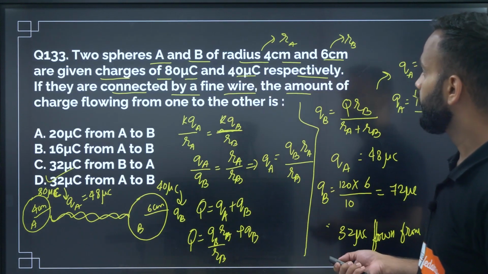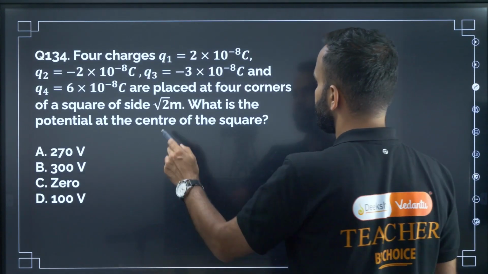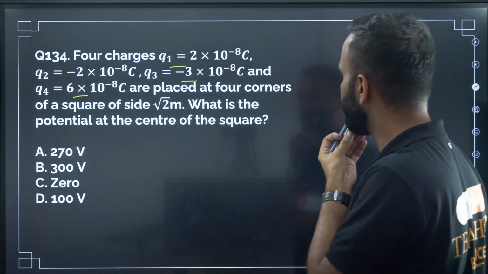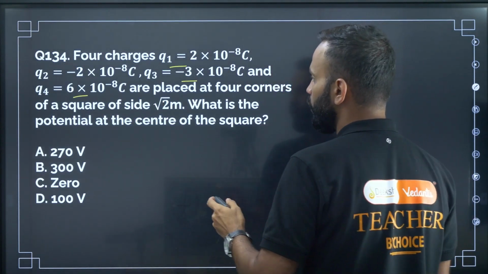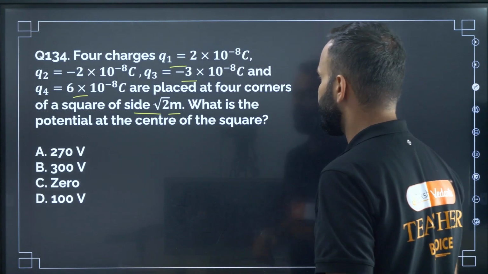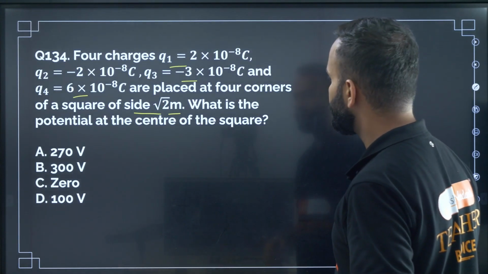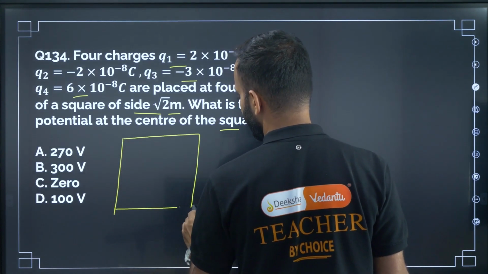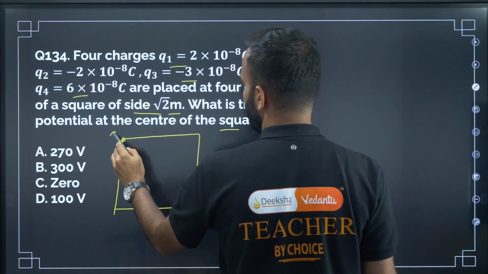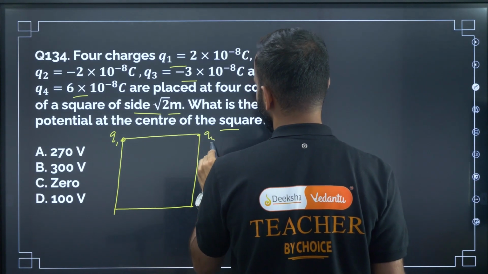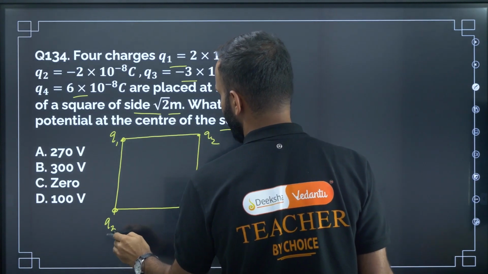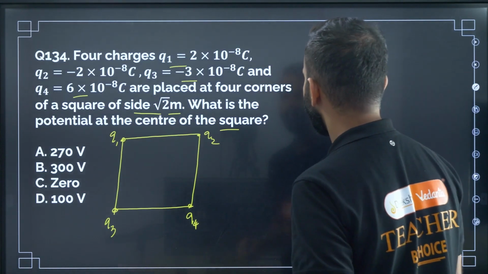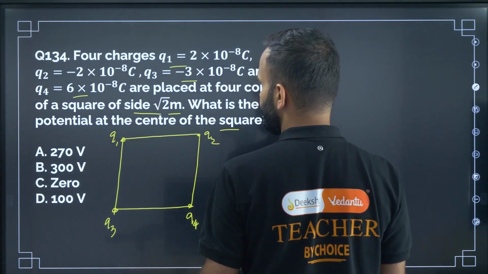Next question, question number 134. 4 charges Q1, Q2, Q3, Q4, values are given, are placed at 4 corners of a square of side √2 meter. What is the potential at the center of the square? Okay, so this is the square. Q1, Q2, Q3 and Q4 charges are placed at the 4 corners of the square.